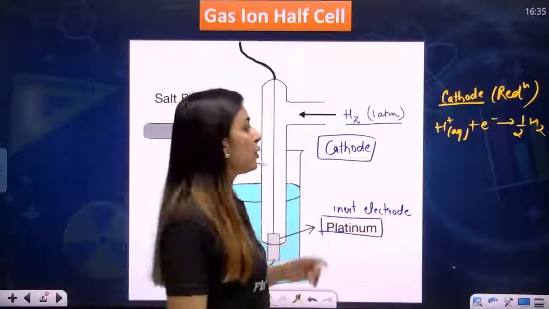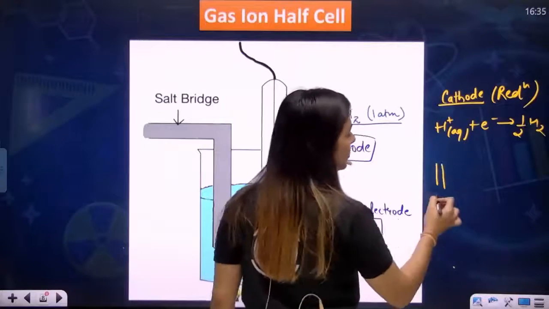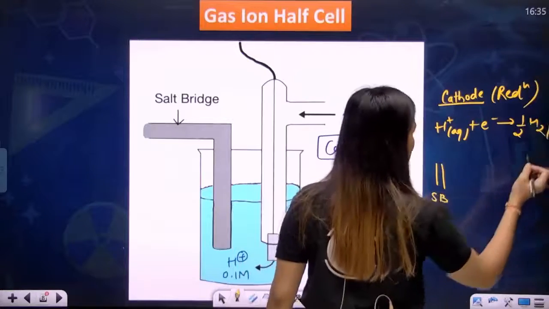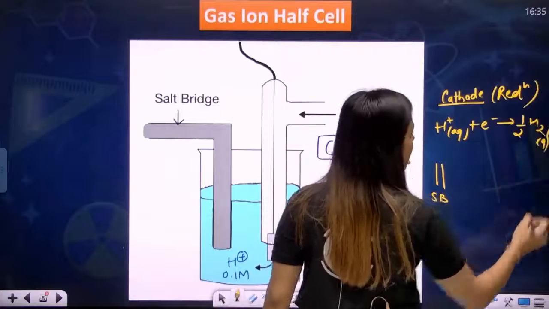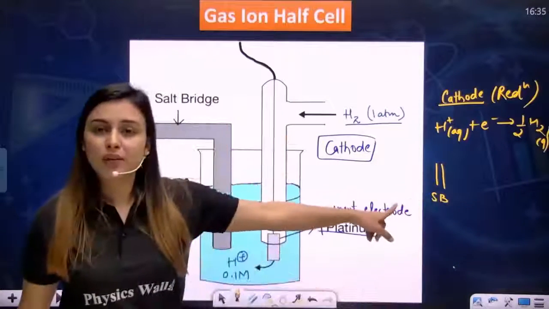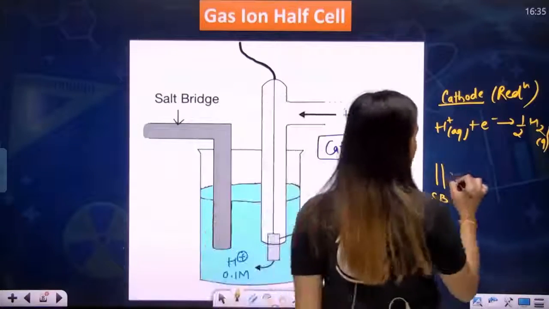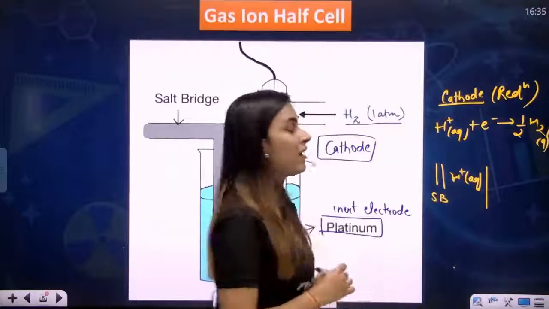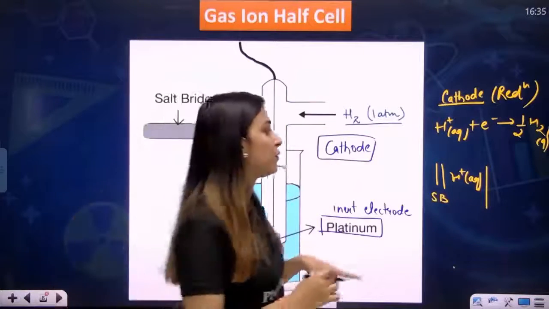Okay, and if you need to represent it, you can put the salt bridge, and then you will have an ion. This is the gaseous state, my dear students. You have to write the ion, so you will write H plus aqueous, then you change the phase, and this time you have a gas, so you write H2 gas here.